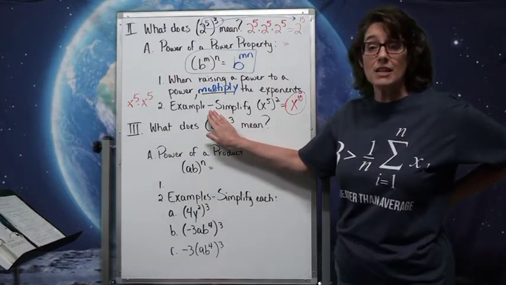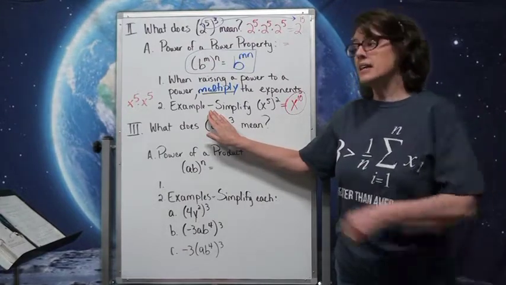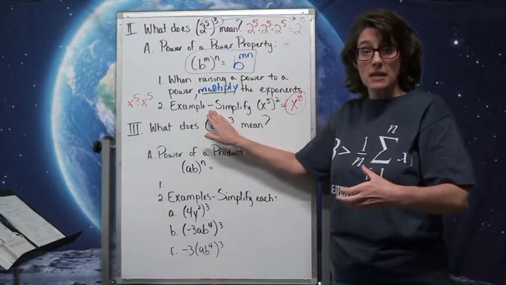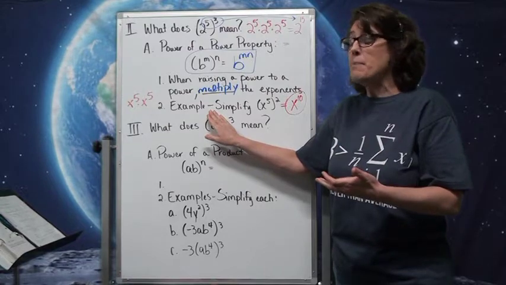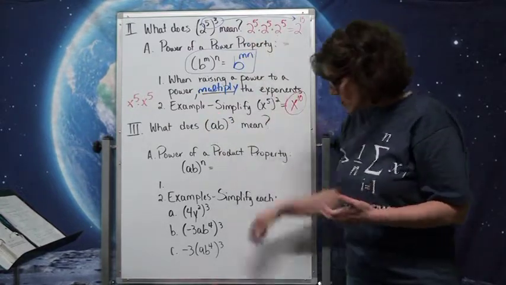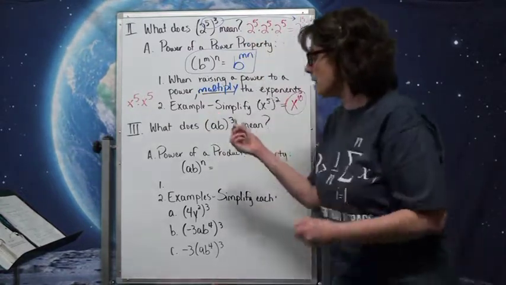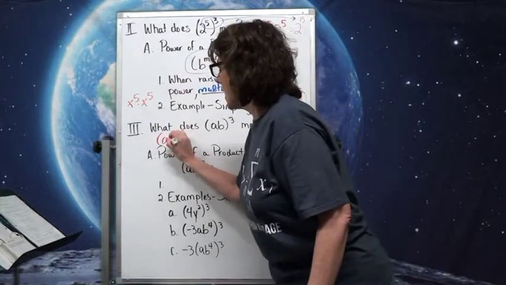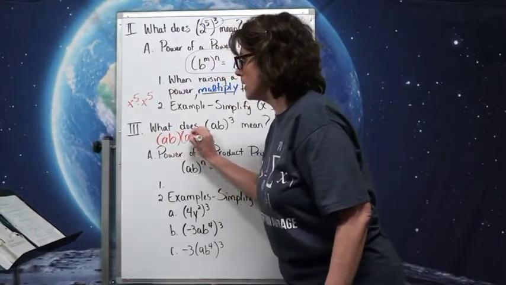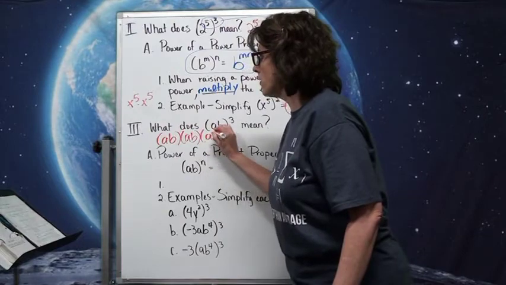So if I have hand to the third power, then that indicates hand times hand times hand. But my hand happens to be an AB. So what this means to me is I'm going to take my AB and I'm going to multiply it to another AB, and I'm going to multiply it to another AB.